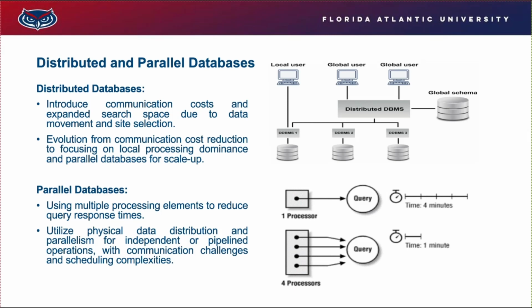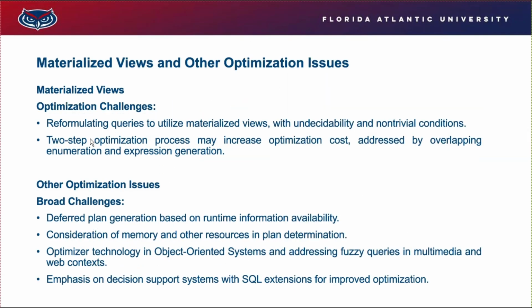In parallel databases, query response is sped up by using several processes to work on tasks simultaneously. They organize data across different processors and allow operations to be carried out independently or in sequence. But this can create issues with how these processors communicate and schedule tasks.